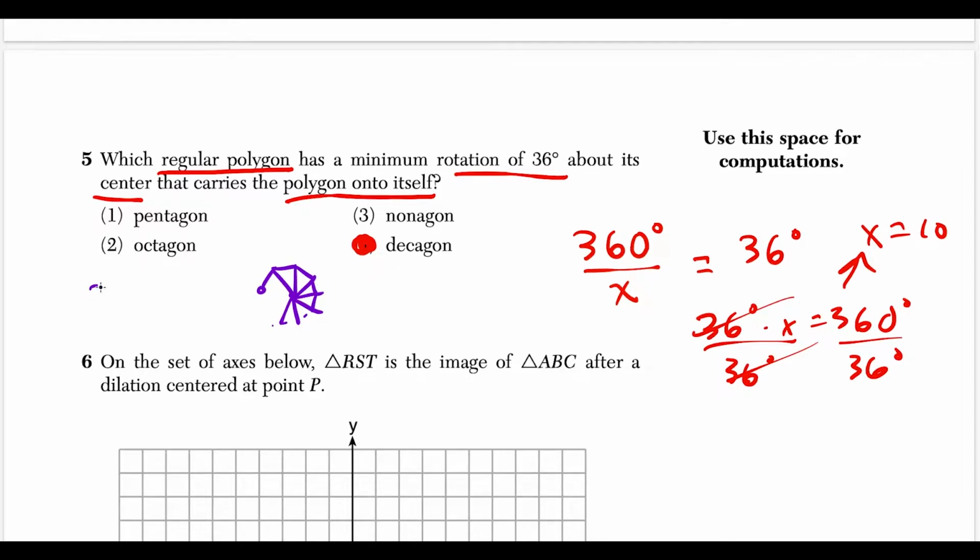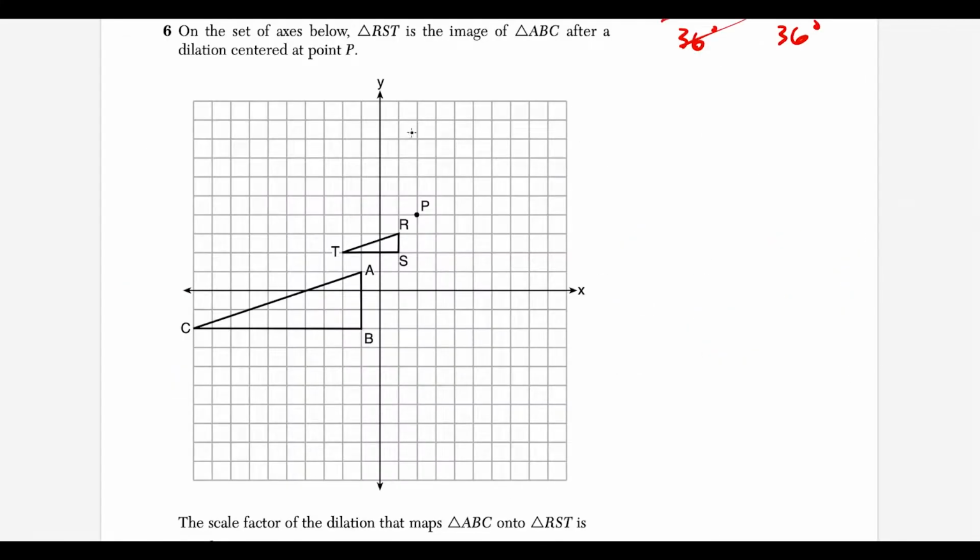So if you think about it, 360 divided by 10 tells you each of those central angles is going to be 36, which means if we keep rotating this 36 degrees, we're going to have a figure that's looking exactly like what we have here with no overlap. If we spin by some multiple that's not going to give us 36, then maybe one of the vertices would wind up in the middle here, and we would have a different looking shape from what we started with. So definitely choice 4.